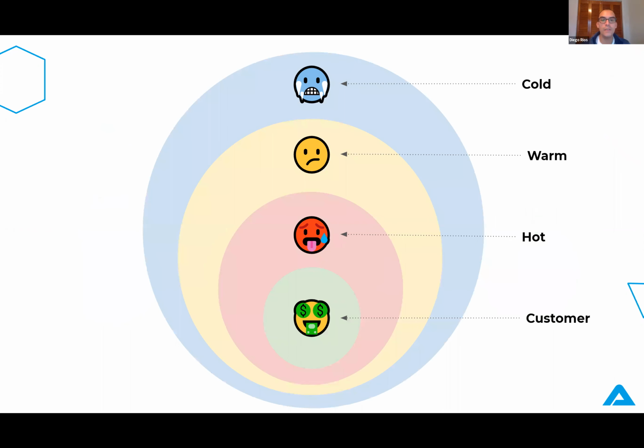And you want to think of your audiences as little circles, where your cold audience is always going to be the biggest one. Why? Because this is all the new people that don't know you. These are the niches or targets or specific audiences that you want to reach and bring into your funnel, so that they become warm, start interacting with your content, start visiting your site, and get closer to a conversion because they added a product to their cart.